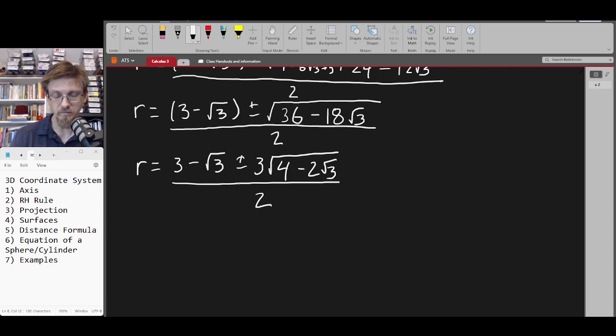My feeling is it's going to be the positive side that we're going to need. 3 minus rad 3 is definitely positive, and then 4 minus this times minus 2 rad 3, that is also positive. It's like 0.54, and 3 times that, so you get 1.607.